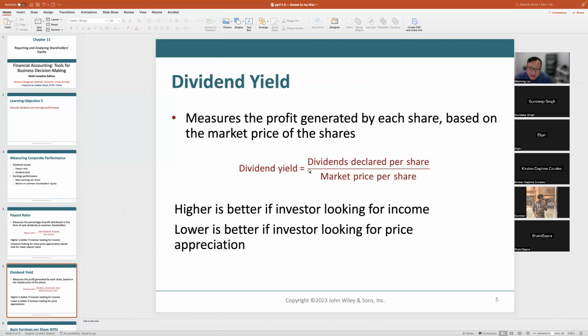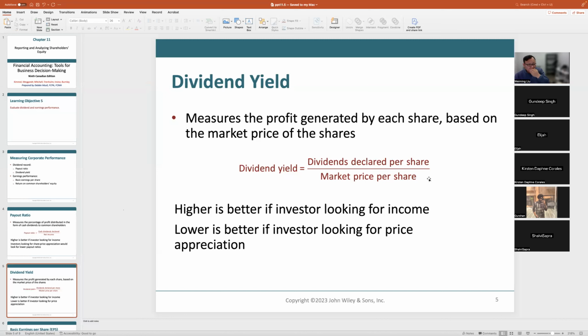Let's say the dividend declared per share is $2, and the market price is $10 per share. So 2 divided by 10 is 20%. The dividend yield is also just a number, with no unit.